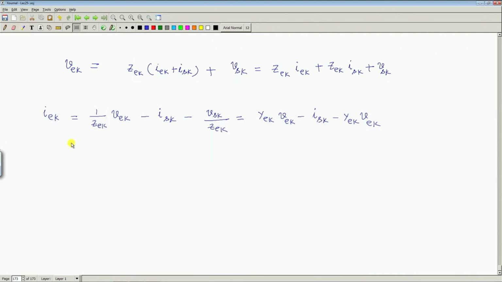Now this equation I will write as I E K is equal to Y E K into V E K minus I S K minus Y E K V E K.